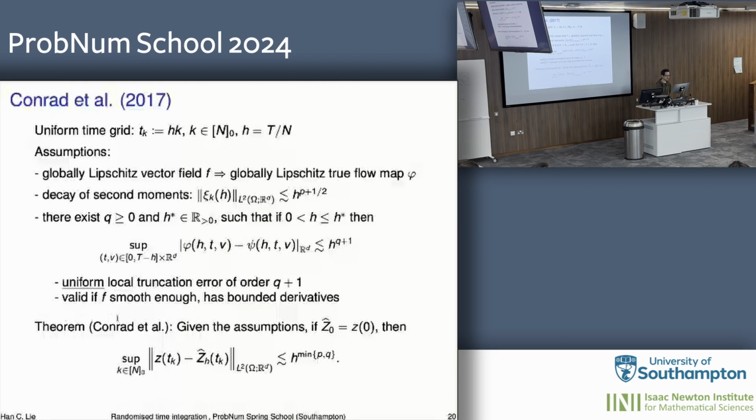Okay, so under these assumptions, they showed that if you start your randomized deterministic integrator at the same initial condition as the true solution, then you can bound the L2 norm at any point, t_k, up to h to the smaller of p and q. So this is one of the really nice bounds in their result, because q is the order of my deterministic integrator, or my numerical method, and p is the order of my randomization.